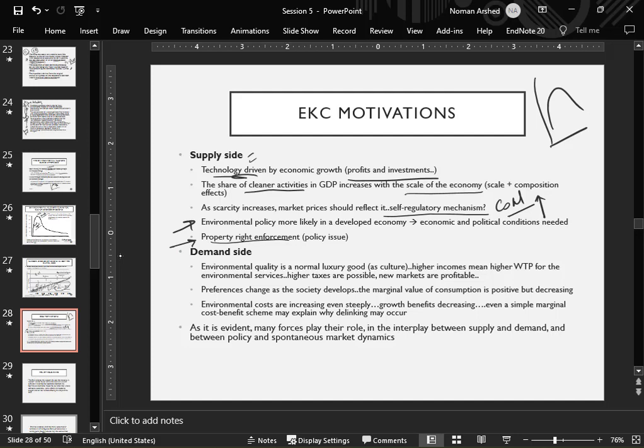The demand side. Environmental quality is used as a luxury good, and people will consider it as an important thing.